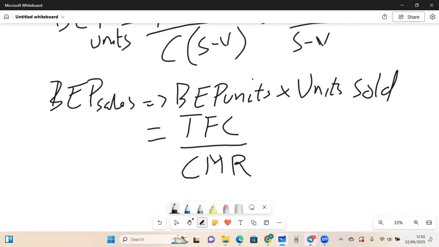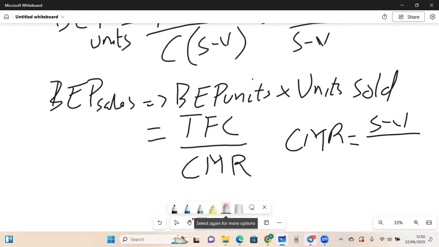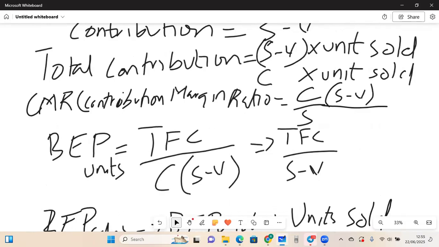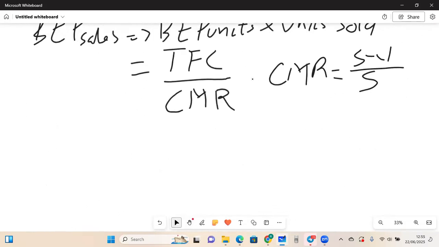You get it? So if you want it in sales, you can either multiply the break-even point in units times the number of units sold, or take total fixed cost over contribution margin ratio, where CMR is equal to selling price minus variable cost all over selling price. Let me check up there to be sure. Yes, over selling price, that's it. So this is easy.